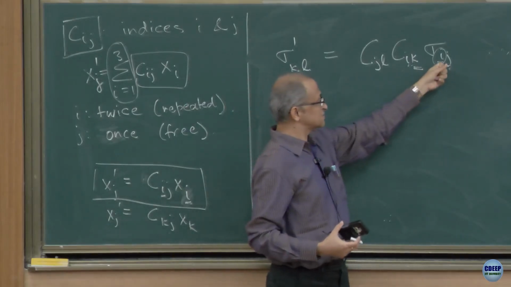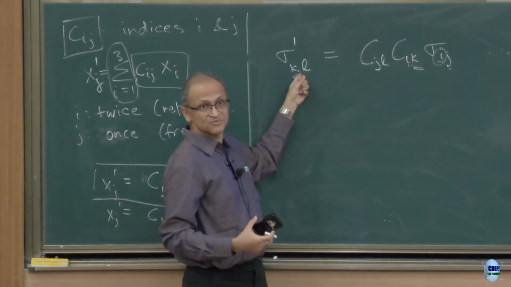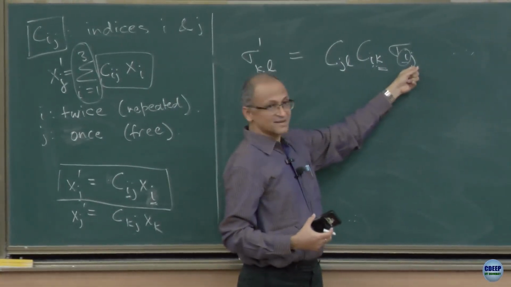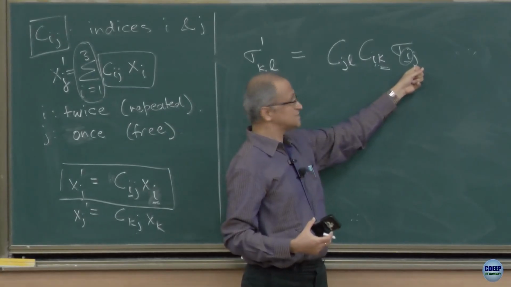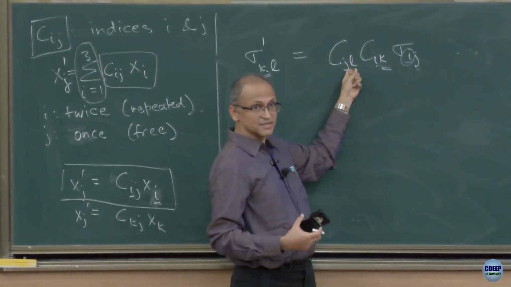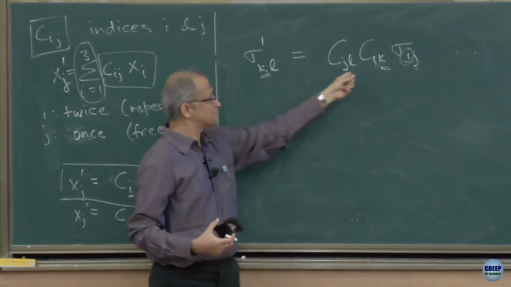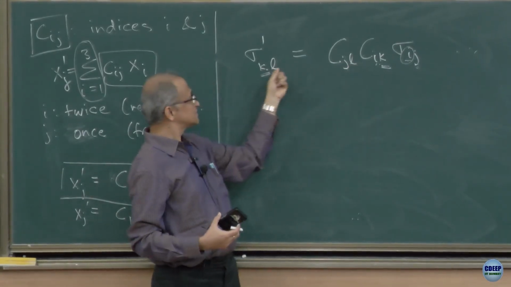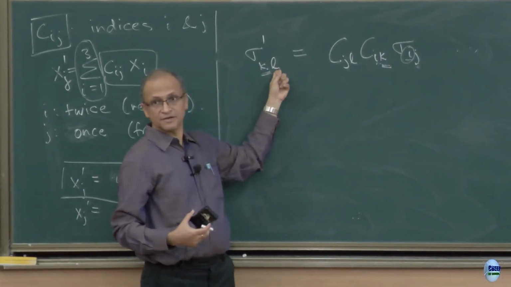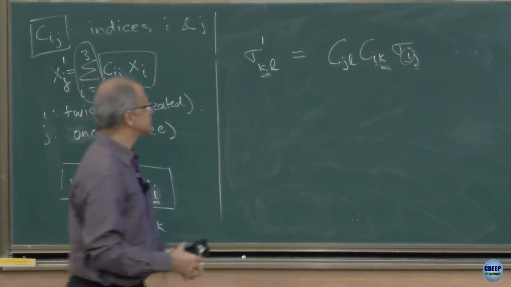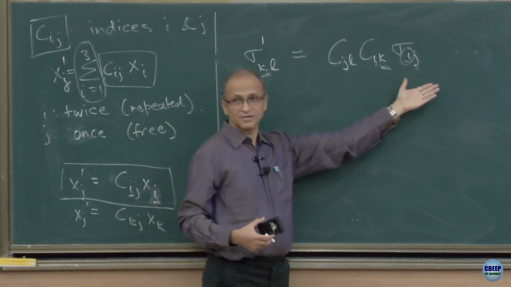Because we are looking at the first index here, it will map to the first index here. Then for the second index, when I take j, I put another c, which is going to take this j and map it into l. So this l is the same as this l here. That's all.